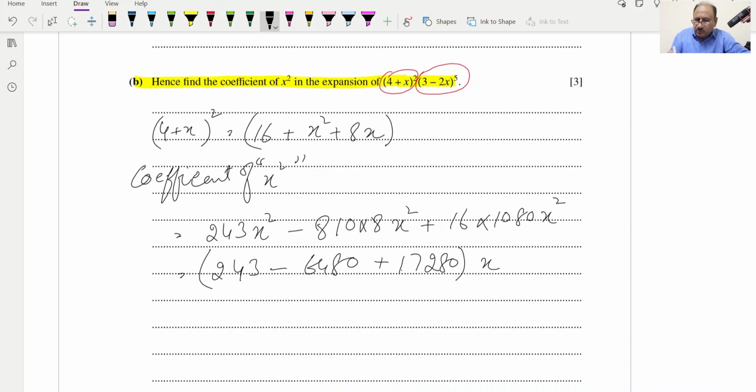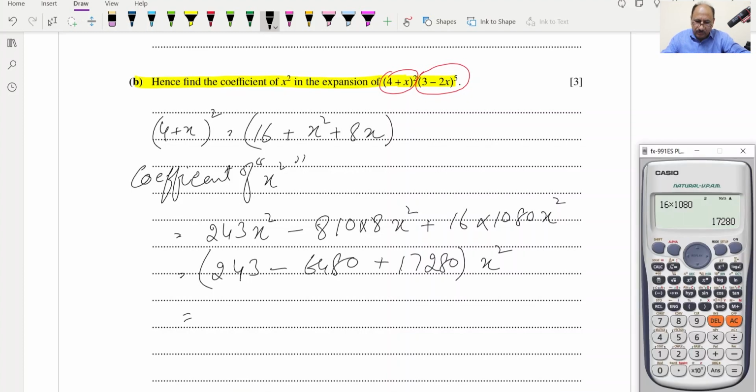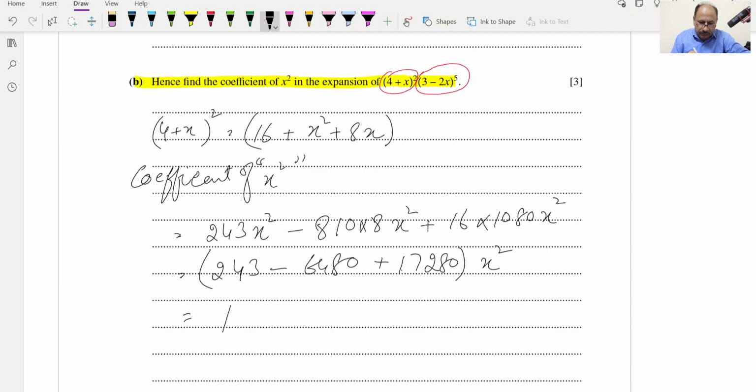Adding these, 243 minus 6480 plus 17280 results in 11043. So it is 11043 x squared.